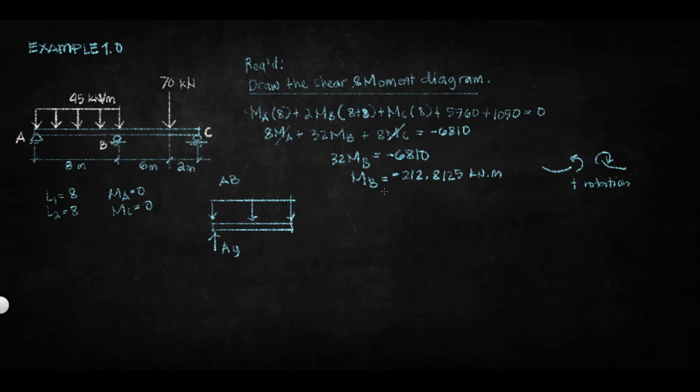Okay, dito na papasok tong MB. Okay, so negative 212. Pag negative po yan, ganito po yung ikot. Okay? Negative po. O, ganyan yung ikot. Which is equal to 212.8125. This is your 8 meters. Ang weight niya po is 45 kilonewton per meter.